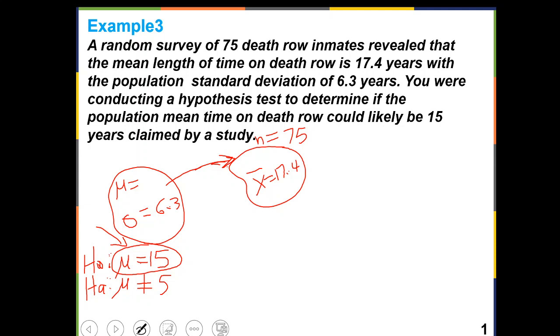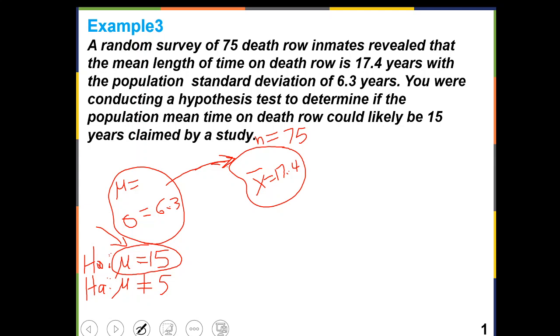Their claim says the mean is 15. Obviously they're different, but is that different enough for us to reject the claim that mu is 15? That's the idea in this chapter. How do we know that is different enough? So what do we mean by that? All of that we're going to talk about in this chapter.